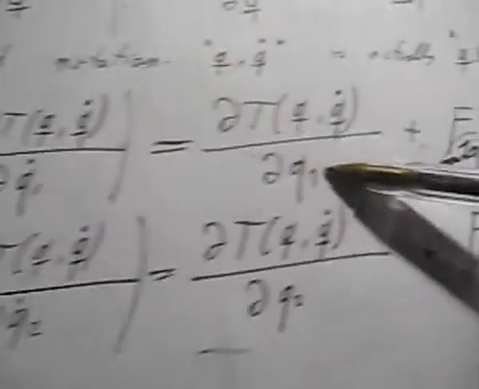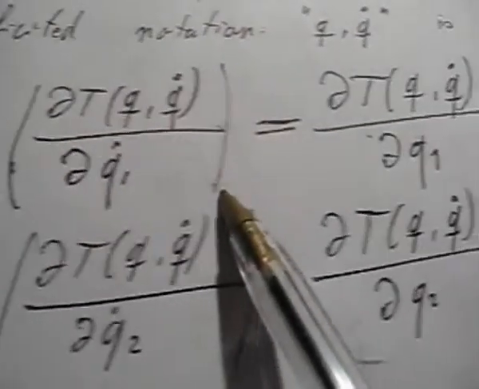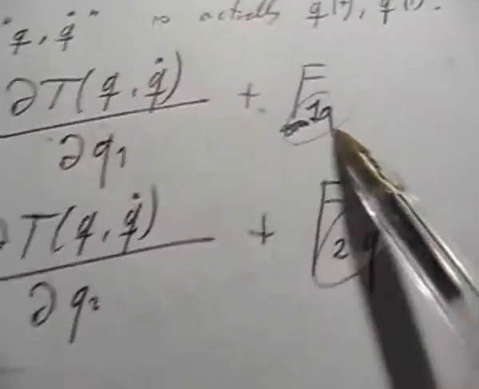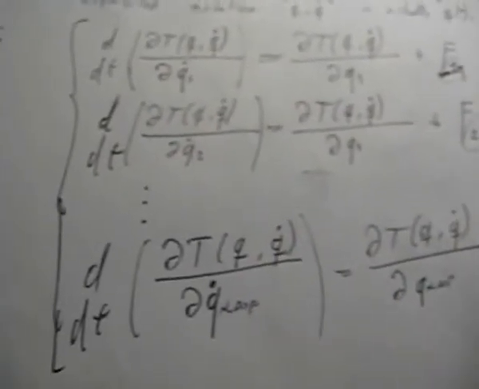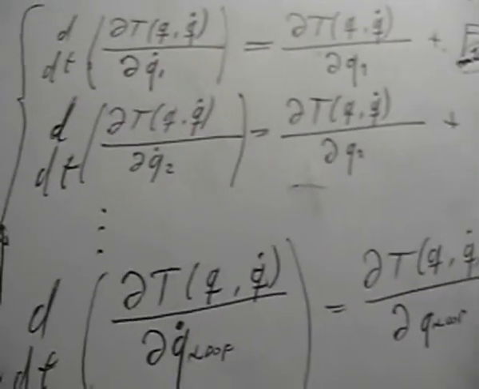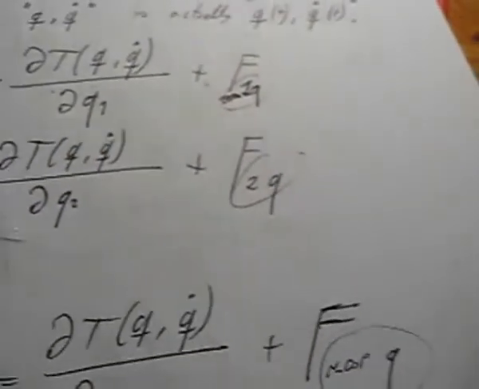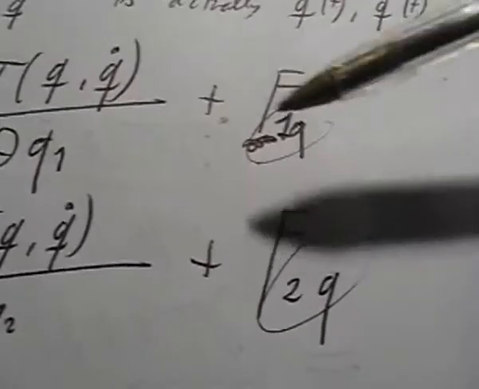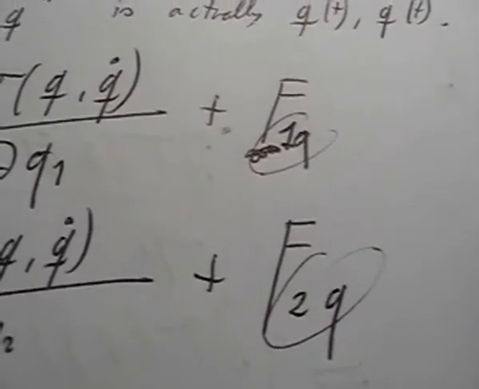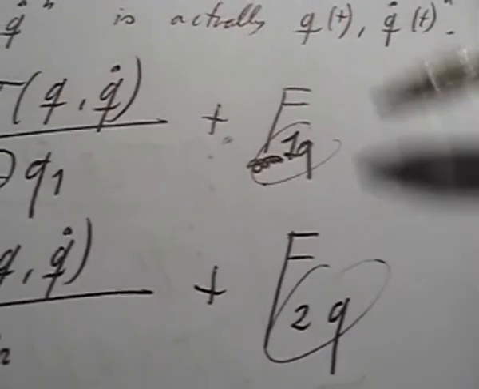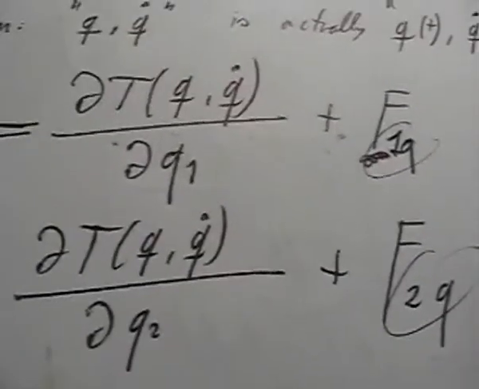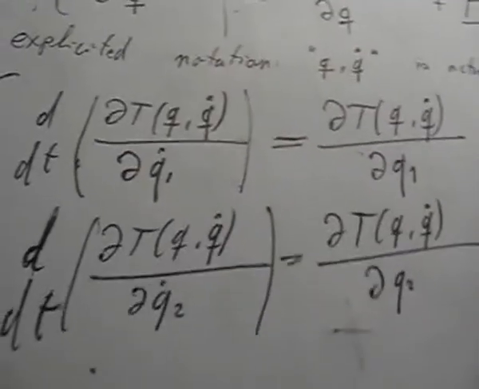One equation for each degree of freedom, and here q1, q1, q1, q2, q2, q2, and so on, up to the number of degrees of freedom. As many equations as the number of degrees of freedom. How to calculate this, we saw it already, or anyway we see it later. It's just a scalar, not so important.